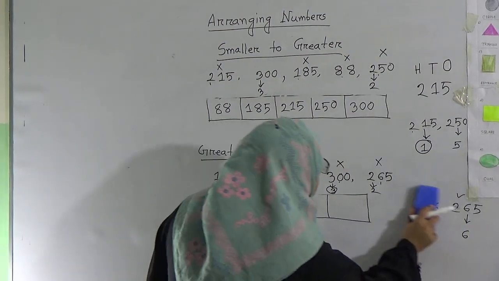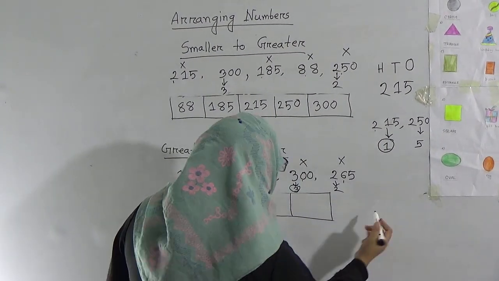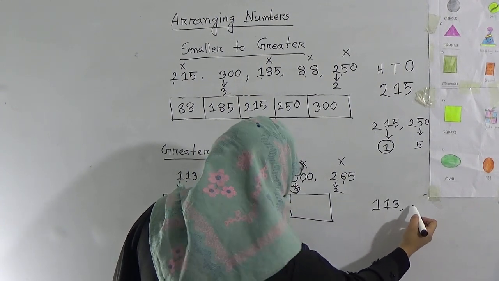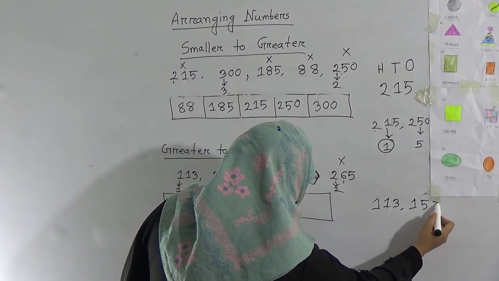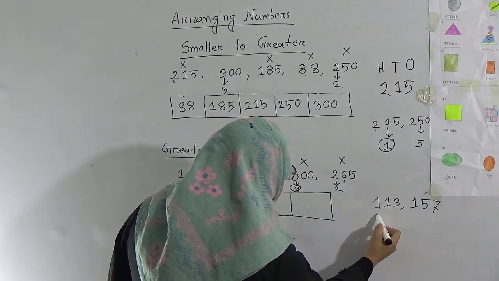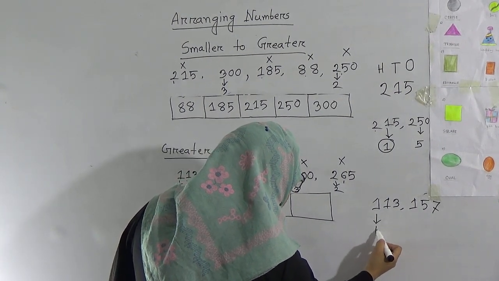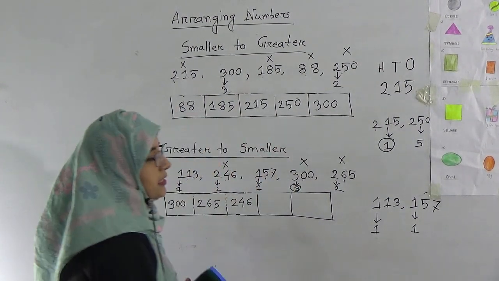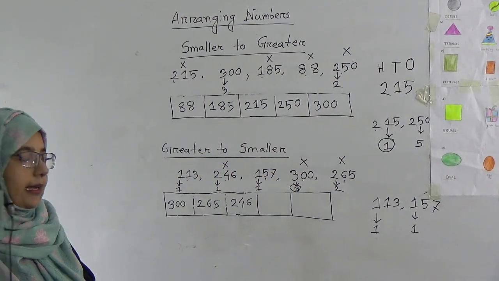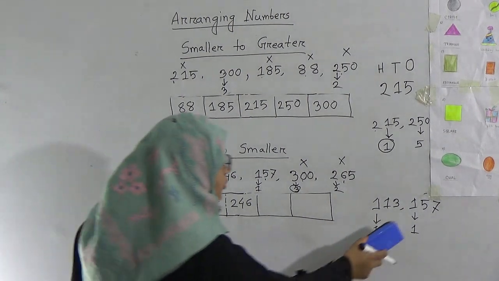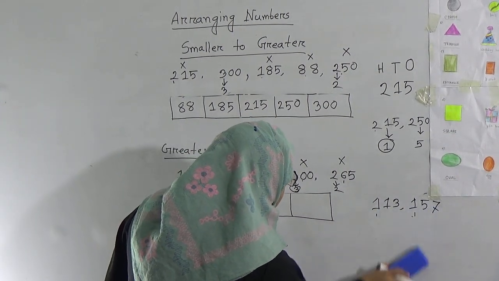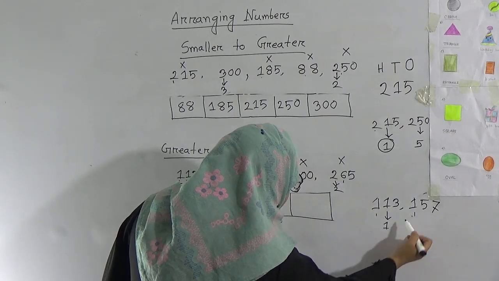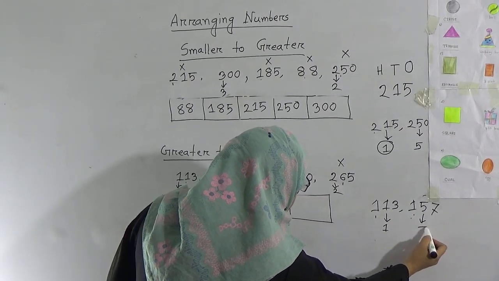So we have to compare the numbers 113 and 157. See, the digits in hundreds place, here 1 and here 1. So the numbers are the same. So we cannot take any decision. So we have to go to the tens place. Here the digit in tens place is 1 and here is 5.